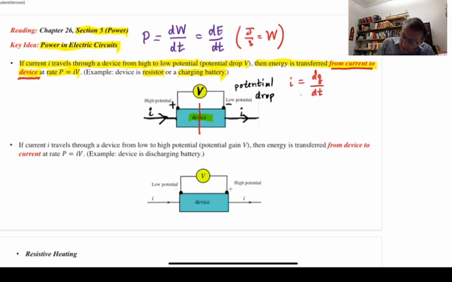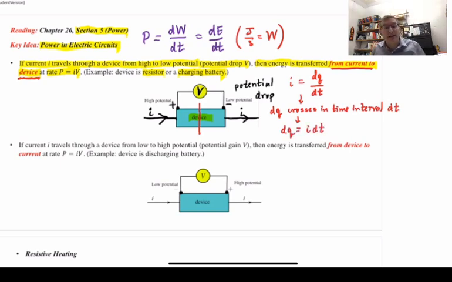The way we think about that is that an amount of charge dq crosses through the cross-section in a tiny time interval dt. Let me rearrange that formula and write it as dq equals I times dt.